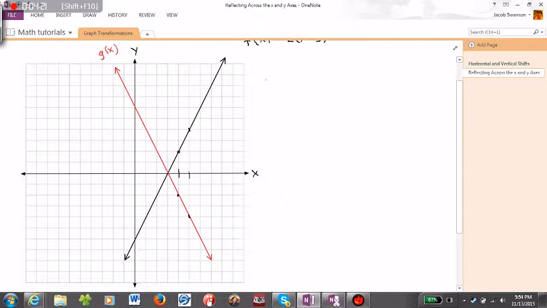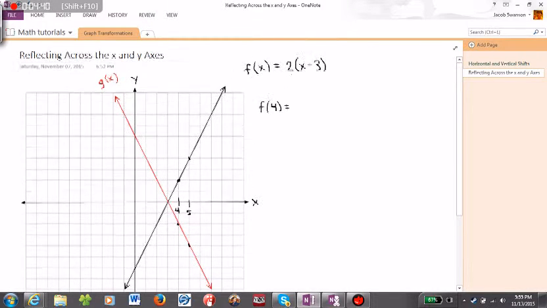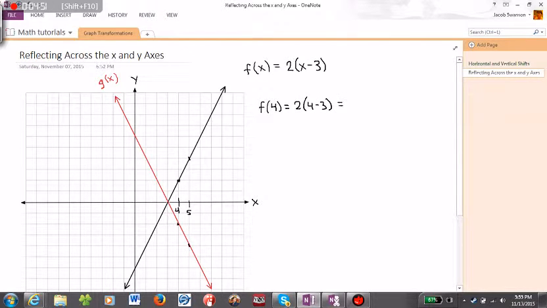So on f of x, when x is 4, f of 4 is 2 times 4 minus 3. 4 minus 3 is 1, and 2 times 1 is 2. Easy enough.